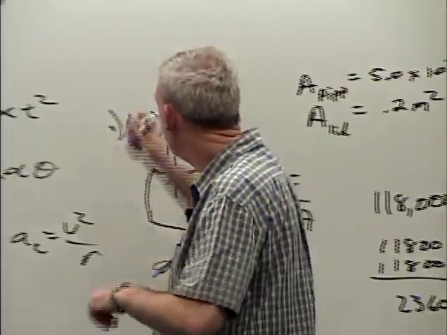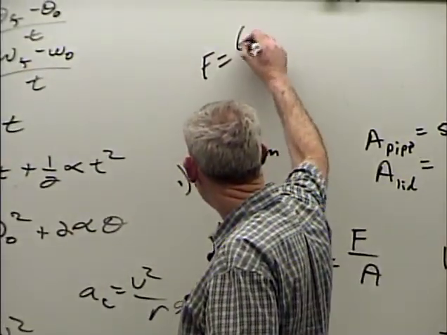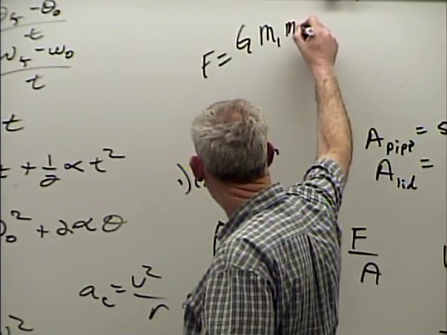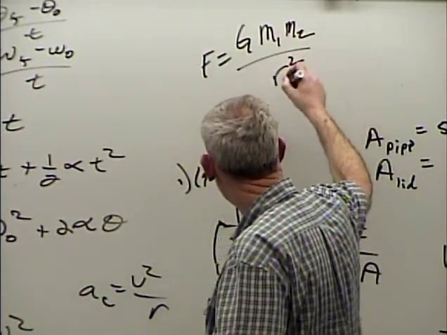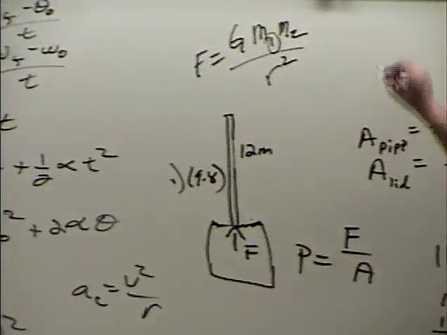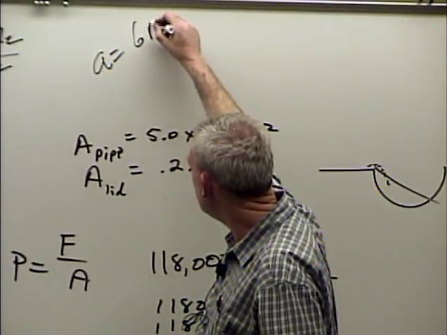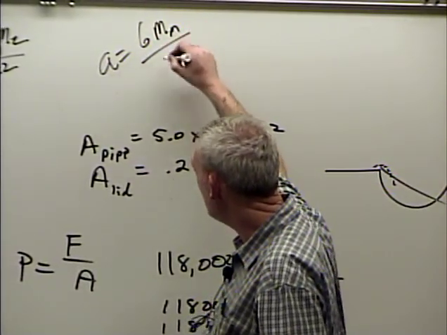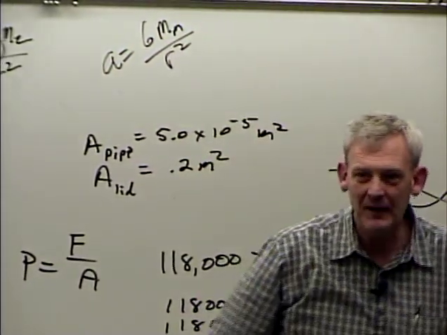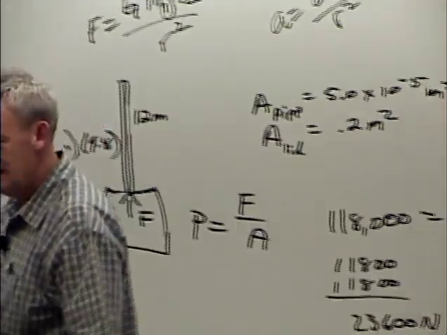In other words, F equals G M1 M2 over R squared, except this time the acceleration is going to be G M of the moon over R squared. That's why you need the mass of the moon and the R squared. However, what if you're certain height up? Remember, you've got to add that R plus H squared, and you've got to find H maybe, or something like that. Okay?